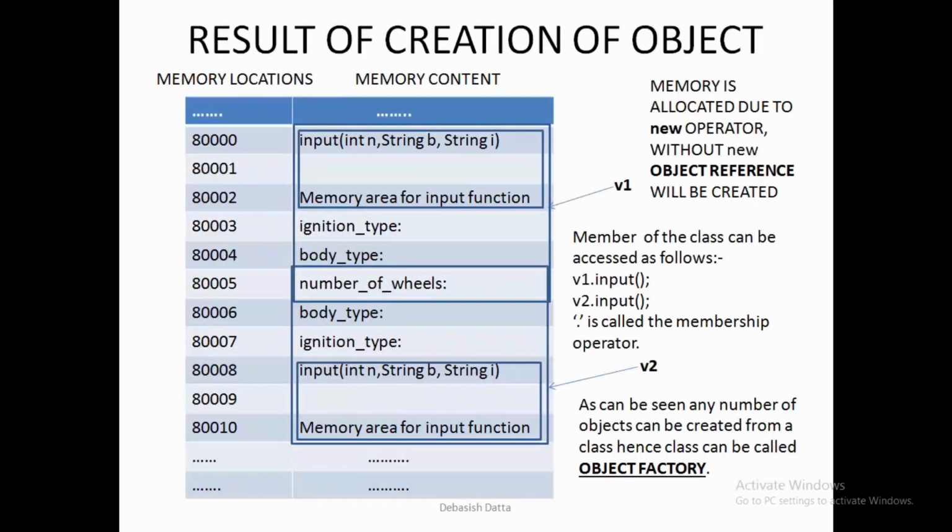Obviously the RAM of a computer is limited, so practically the number of objects that we can create is limited by the amount of main memory or RAM available on the particular computer machine. Theoretically, any number of objects can be created from a class. Hence, the class is also known as an object factory.